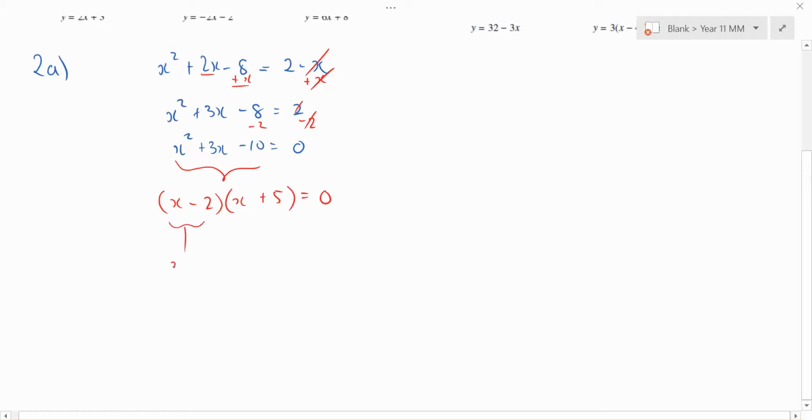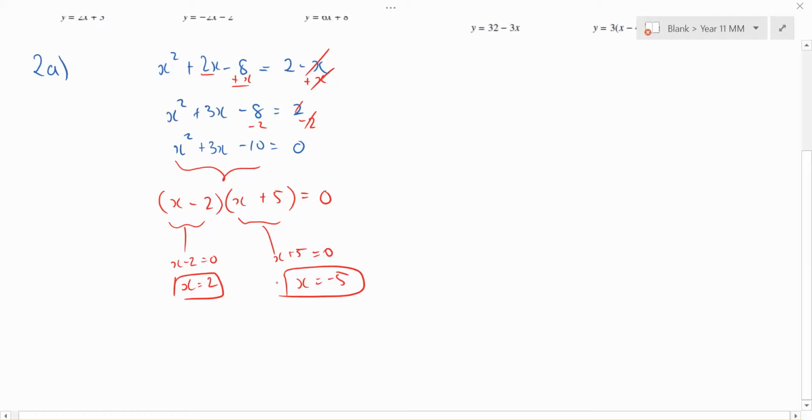If x minus 2 were to equal 0, x has to be 2, because we're saying this times this equals 0, so one of these two brackets has to equal 0. It might have been the other bracket, x plus 5. If this was to equal 0, then x has to be negative 5.